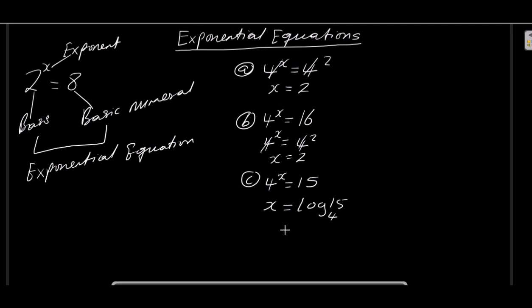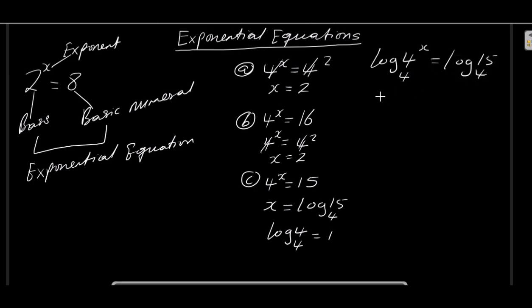In other words, if I take my log, recall that log 4 base 4 is always equal to 1. So if I take my log here, I have log 4^x base 4 equals log 15 base 4.